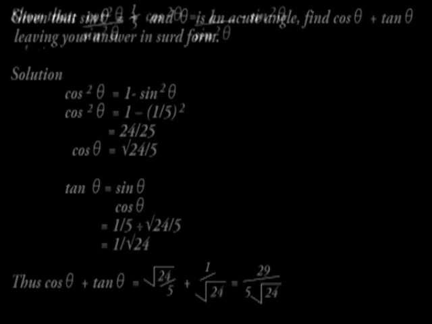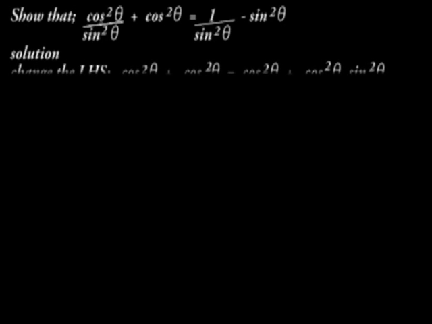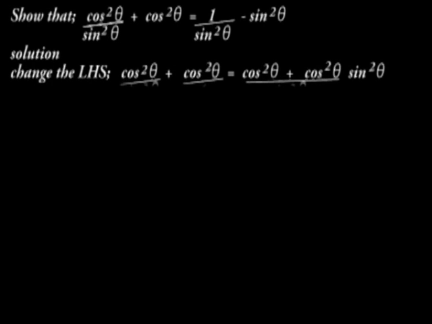Another example, show that cos squared theta over sin squared theta plus cos squared theta is equal to 1 over sin squared theta minus sin squared theta. In our solution, let's work with the left hand side only and ignore the right hand side for the meantime. Cos squared theta over sin squared theta plus cos squared theta over 1.